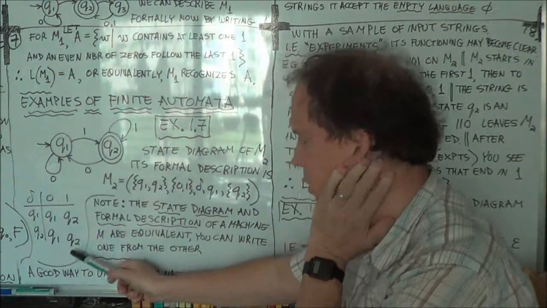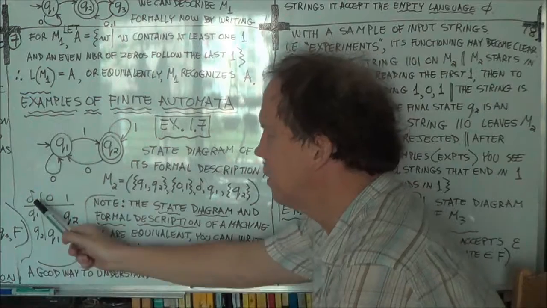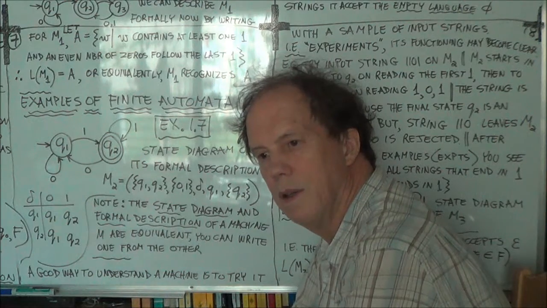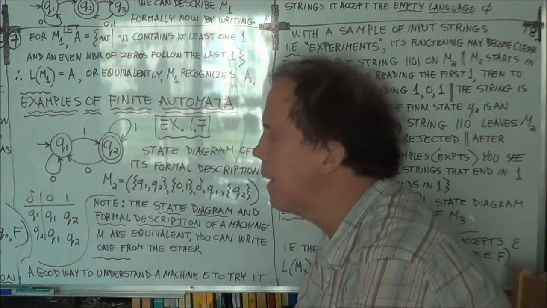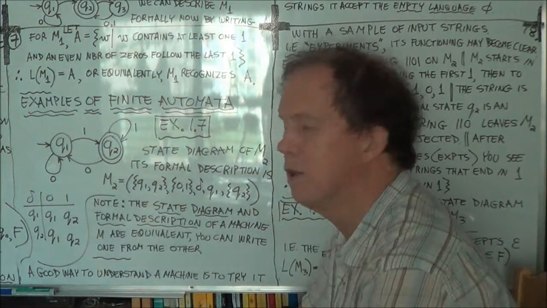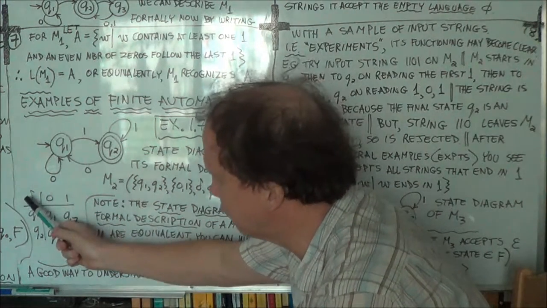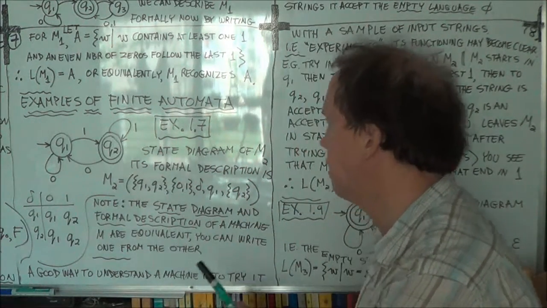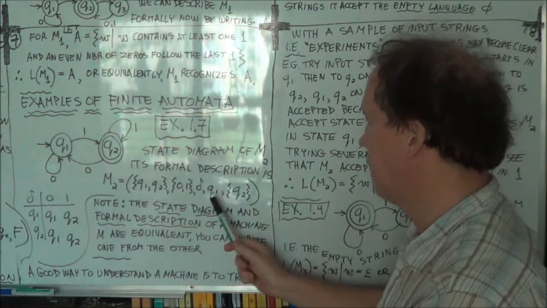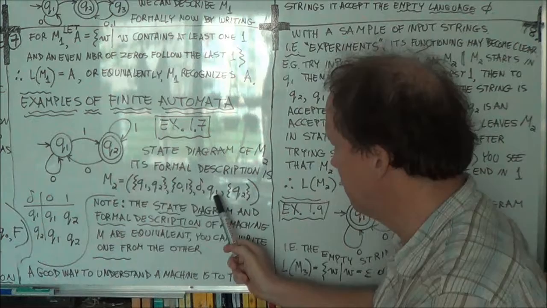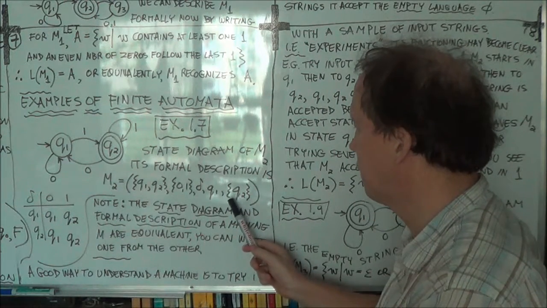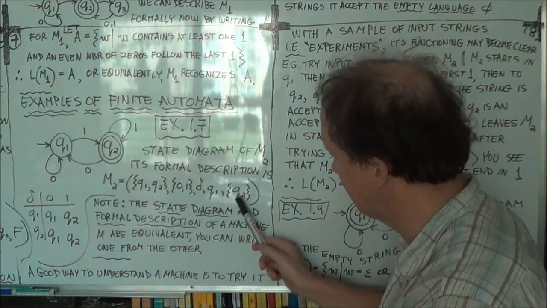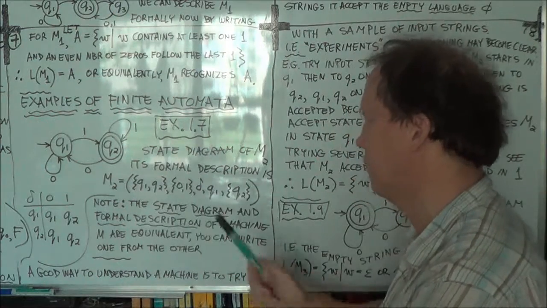So that's your state transition table format to describe your transition function. You're describing the transition function in terms of a table. So that's your delta. The start state's Q1, and the set of accept states, there's only one, so that's the set with one member, Q2.